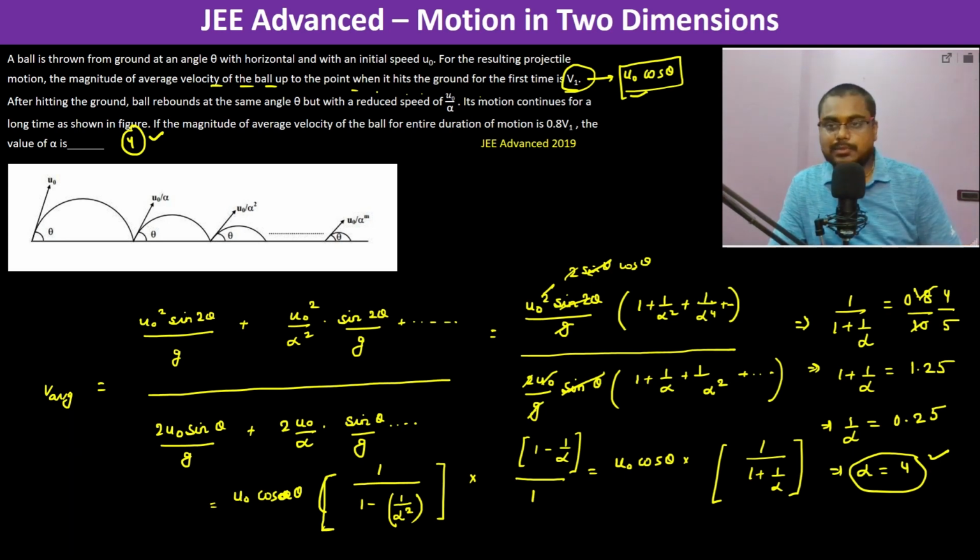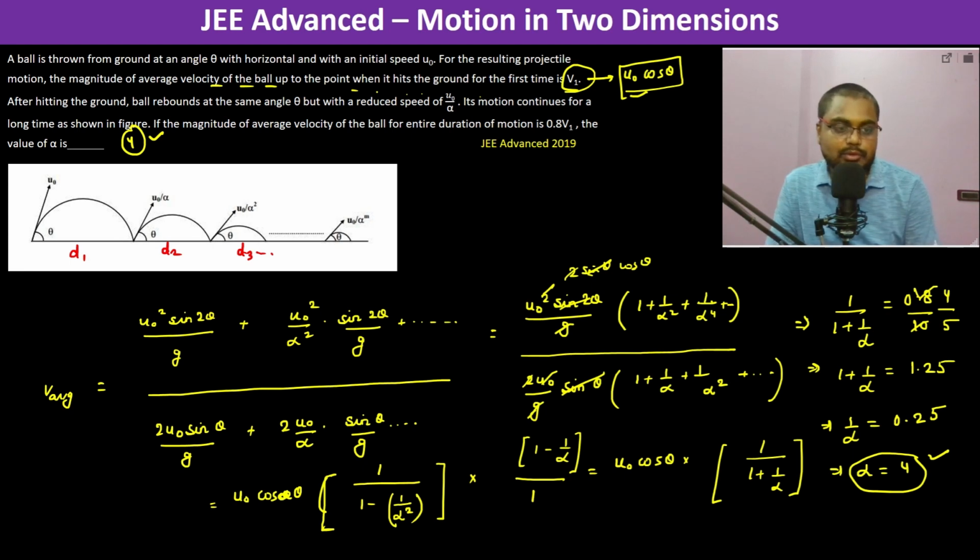So again I will explain what we have done here. Total displacement divided by total time. So this is displacement 1, this is displacement 2, this is displacement 3 and so on.